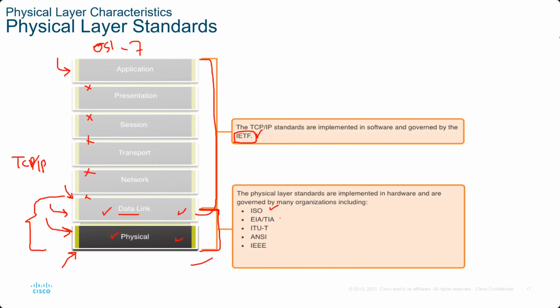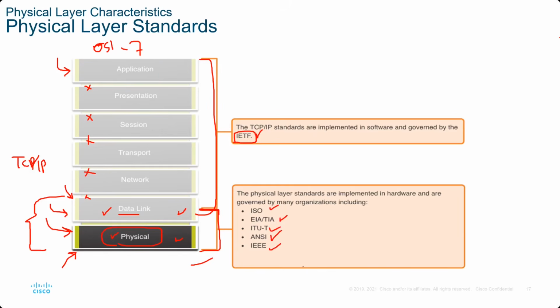You have ISO, EIA, TIA, ITU-T, and IEEE. Why so many organizations for one layer? That tells you that the physical layer is very complicated in itself. It needs so many different things to be looked at that it needs different organizations for all those things.